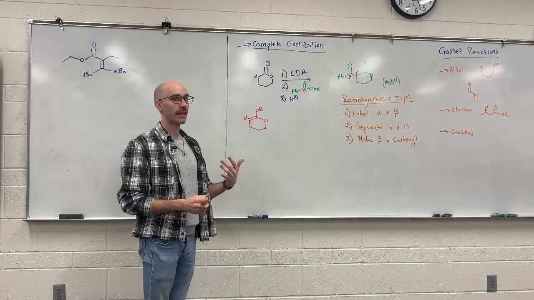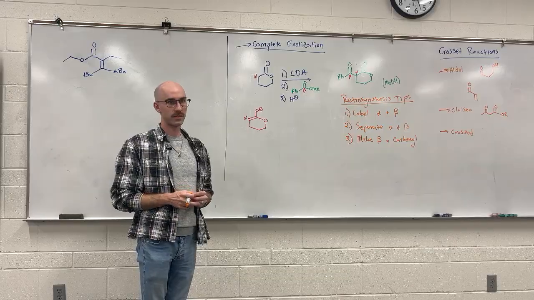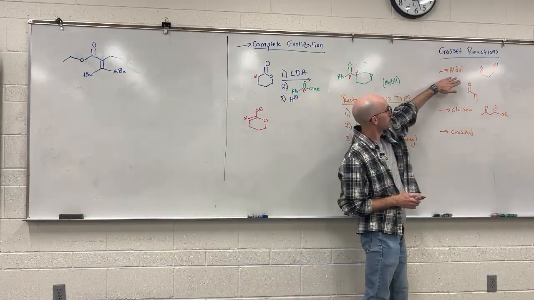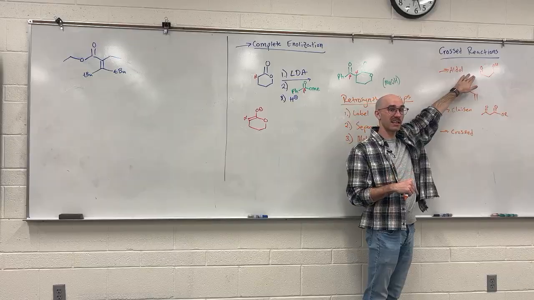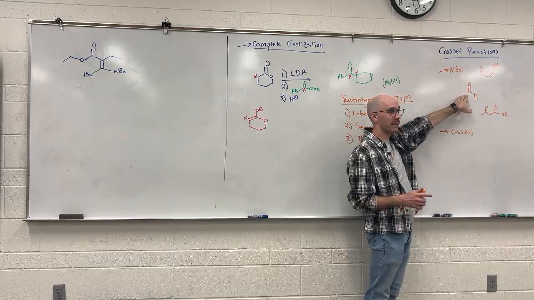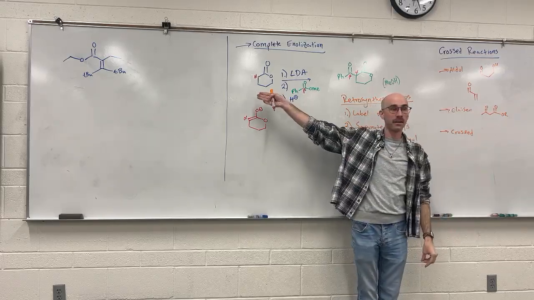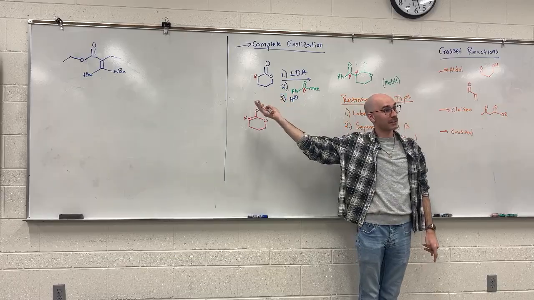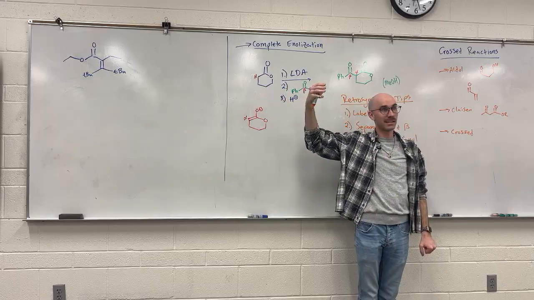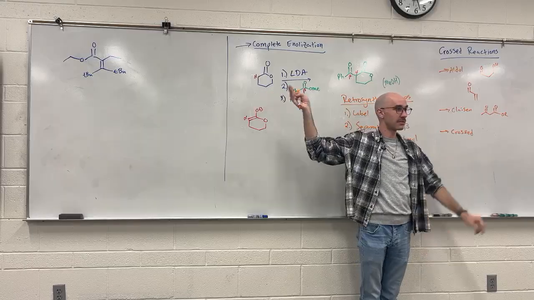can be done with any combination of aldehyde and ketone. These beta hydroxy carbonyls were always beta hydroxy aldehydes or beta hydroxy ketones, alpha beta unsaturated aldehydes or alpha beta unsaturated ketones. This is an alpha beta unsaturated ester, which means that it was not strictly aldehydes and ketones.